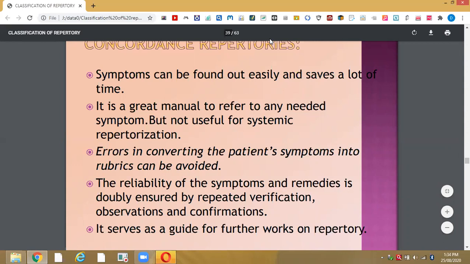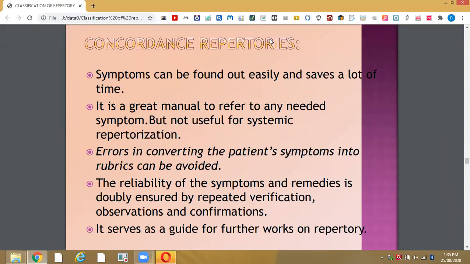So many times it was confusing, and we cannot find the rubric. Such errors in converting the patient's symptom into the rubric can be avoided. The reliability of the symptoms and remedies is doubly ensured by repeated verification, observation, and confirmation.